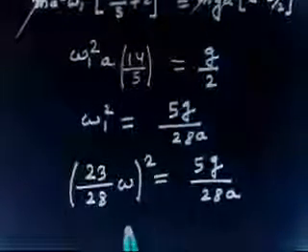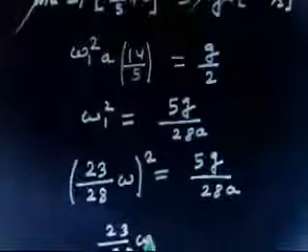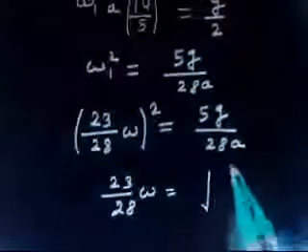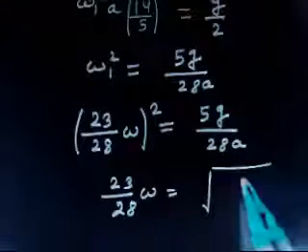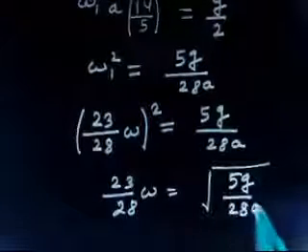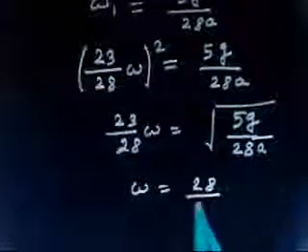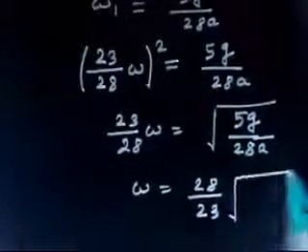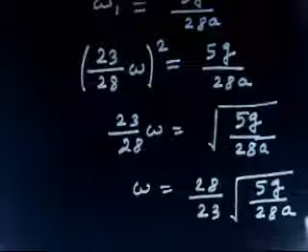So now if I take the root, we will have 23 by 28 omega equal to root over 5g by 28a. Now this means omega will be 28 by 23 under root 5g by 28a.